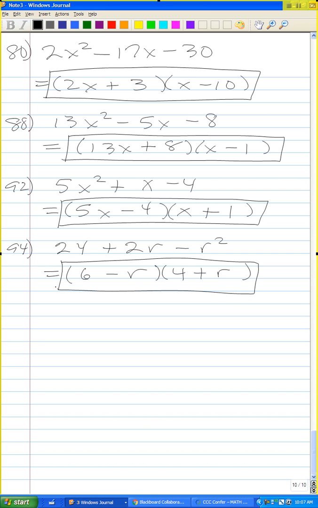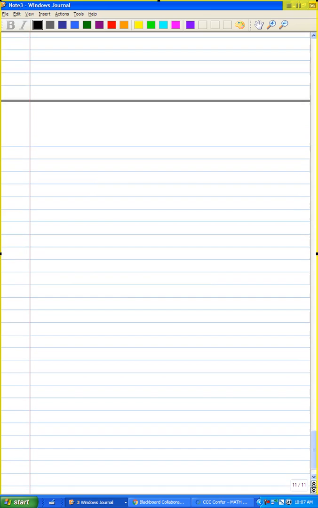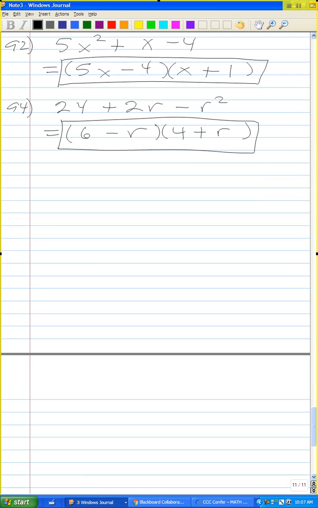You could have also done this as follows. This is actually case 2-1 if you write it properly. So you could write 24 plus 2r minus r squared, let's write this in descending order, as negative r squared plus 2r plus 24. Factor out the negative, just like what you did in section 6.1.